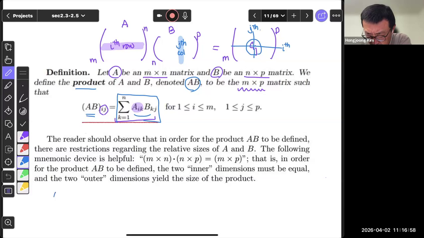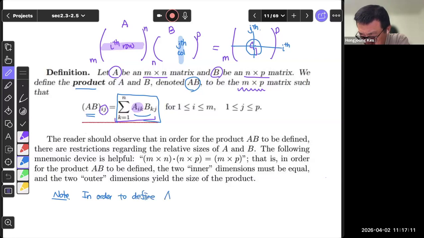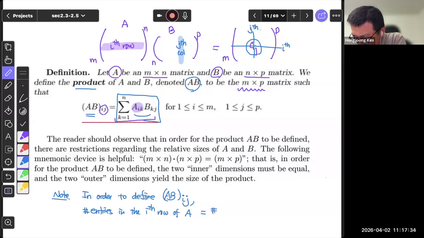So note that in order to define this, the number of entries in the ith row of A must be the same as the number of entries in the jth column of the B matrix.